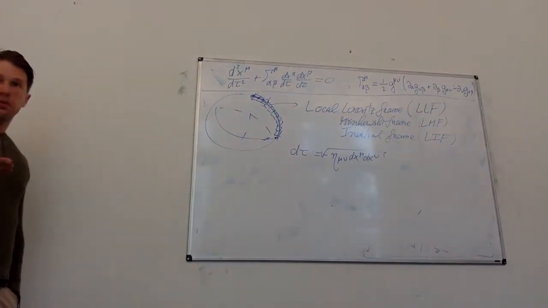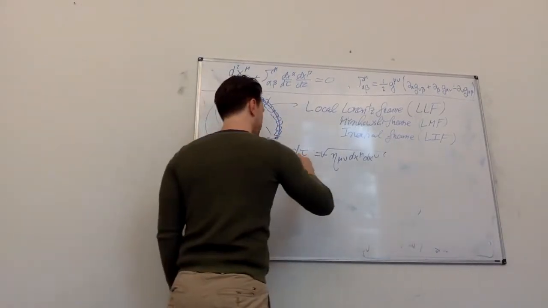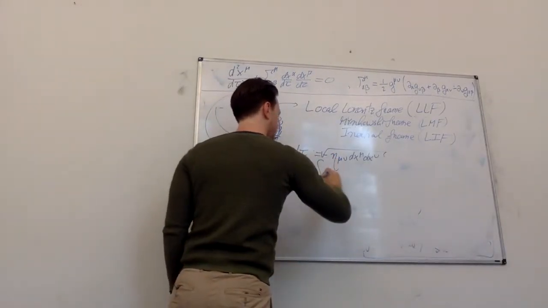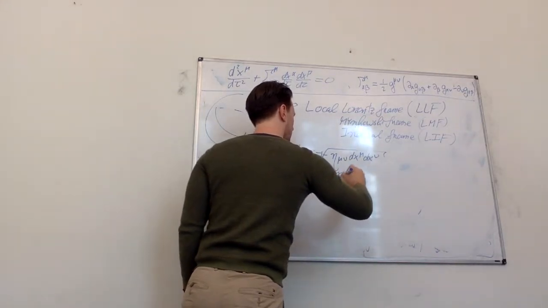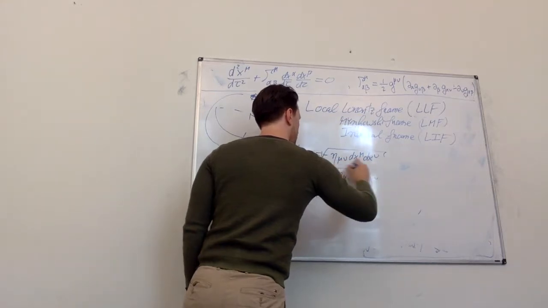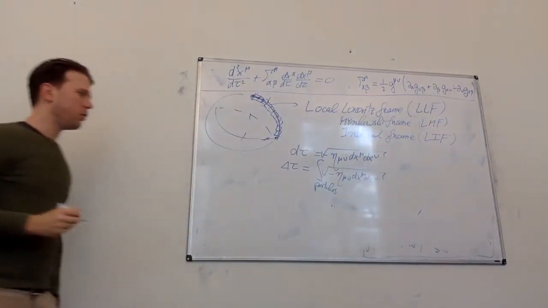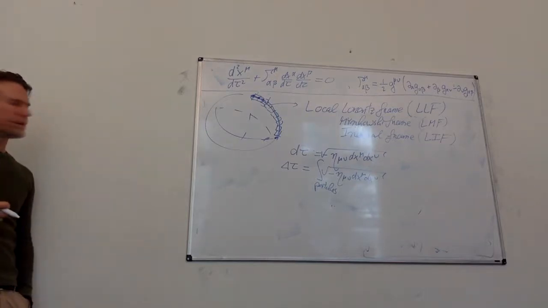And yes, this is per each of these patches. If you want to have the full, then you just integrate over all the small patches. But now I'm making a small mistake, and I hope you see what. So this is the idea, yeah? You integrate over all the small patches.